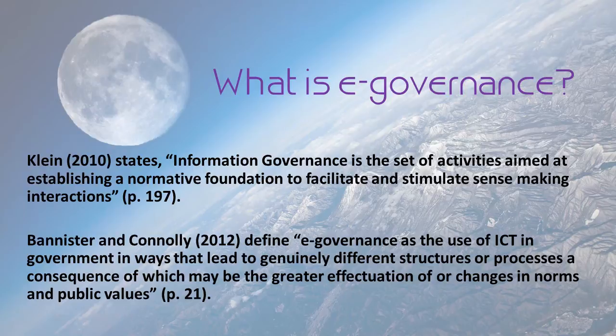Keep in mind the norms and public values for our conclusion, which is key. Also keep in mind that e-governance and information governance include processes, and this is crucial in an electronic environment because a lot of the processes are automated.